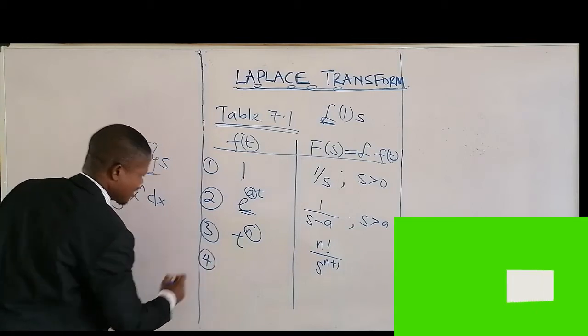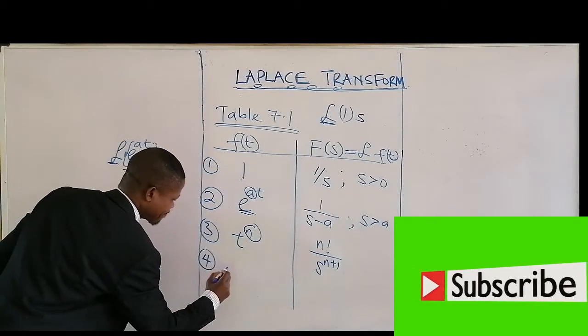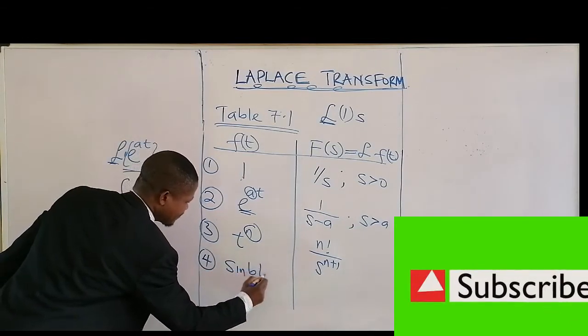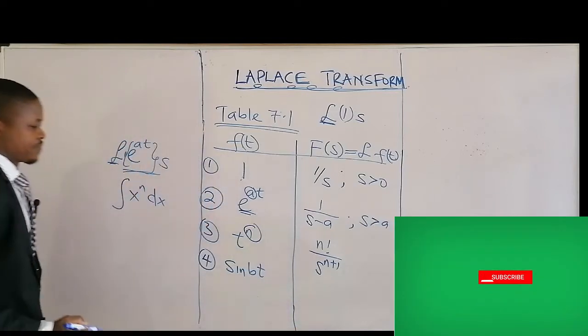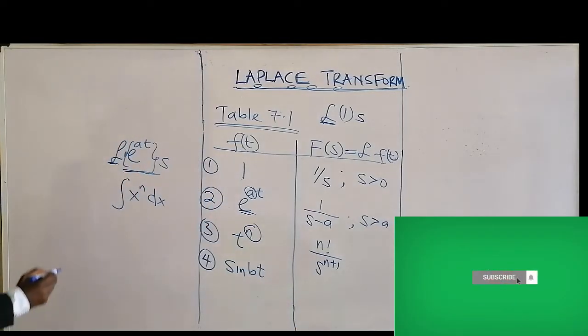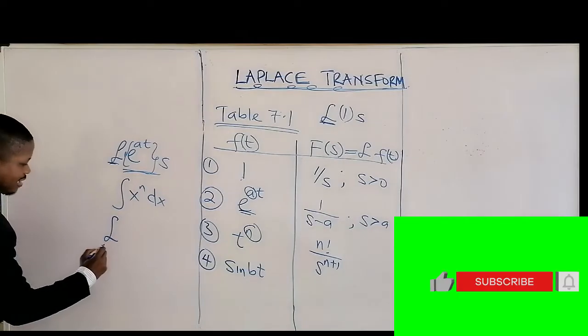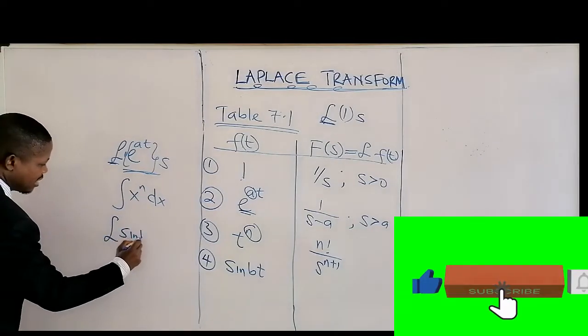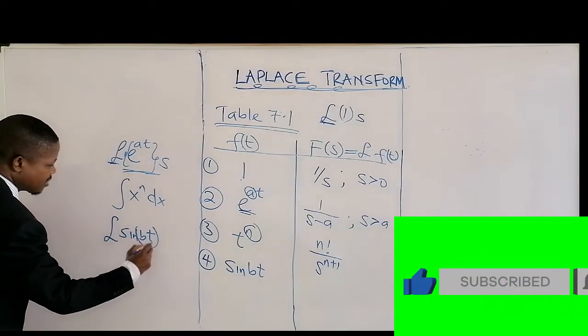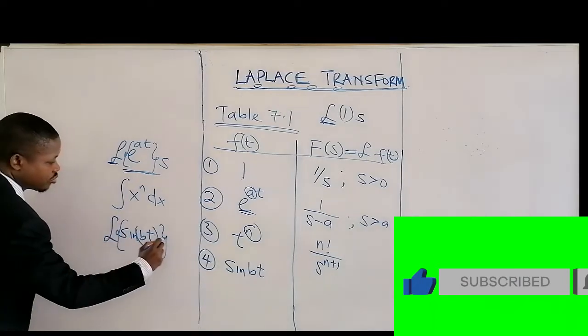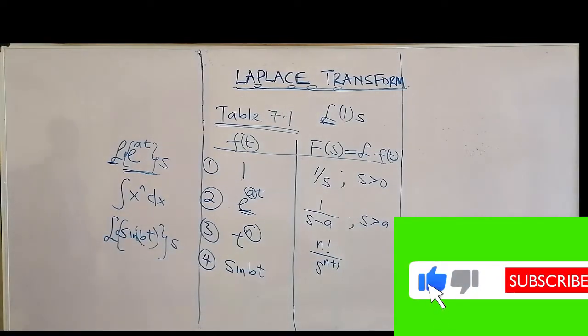Then the next one is the Laplace of sine bt. If I want to write that, it will be Laplace of sine bt, then I'll put the s domain by the side.